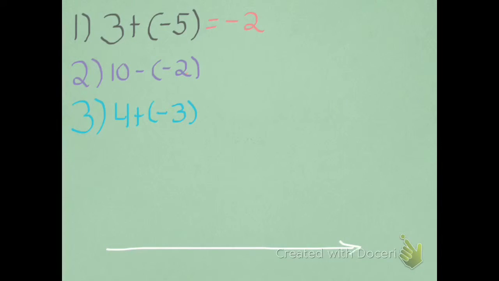So here's our number line, and here is our 0. Now, below our 0, no, we start above our 0 at 10. So here's our 10 starting point.